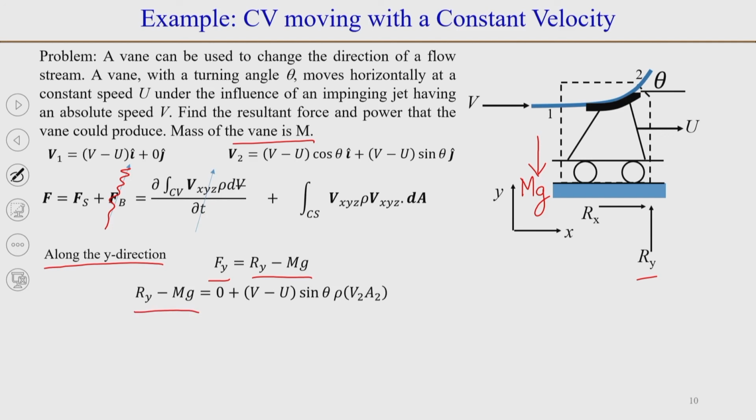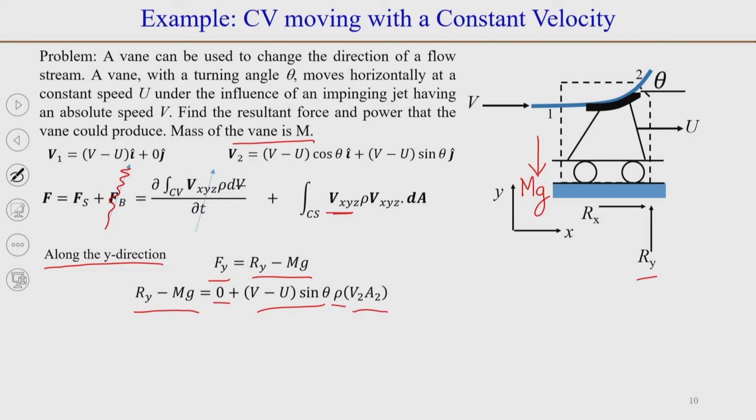Now, there is no velocity at section 1 along the y direction. So, the y component of velocity is 0, and the first term at section 1 is 0 for the momentum flow. The second term will give the y component of velocity at section 2, which is v minus u sin theta, and the flow is going out. So, we will have v 2 a 2, which will be v minus u into a, and rho.